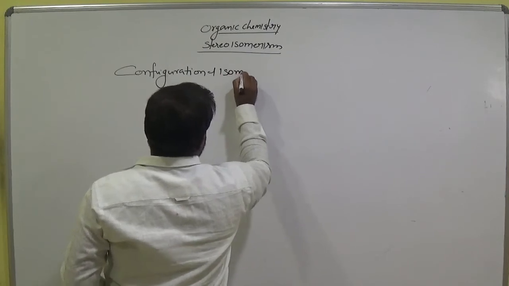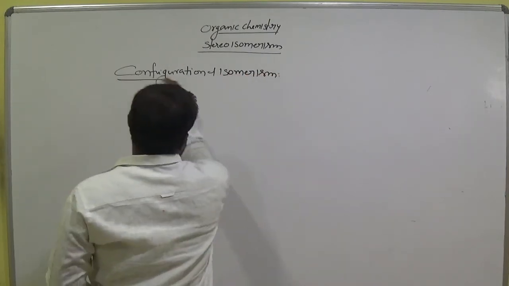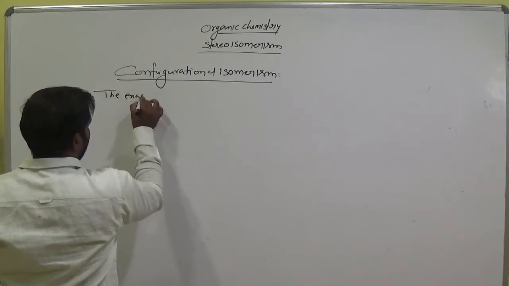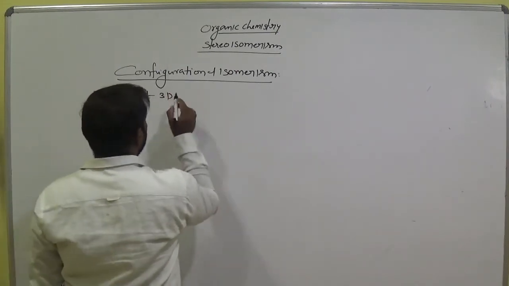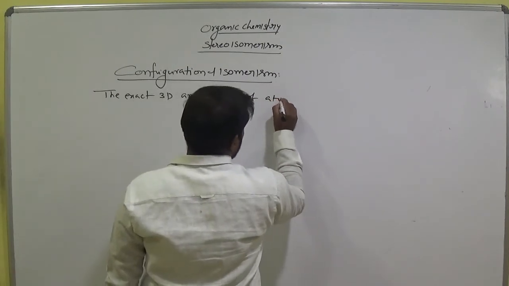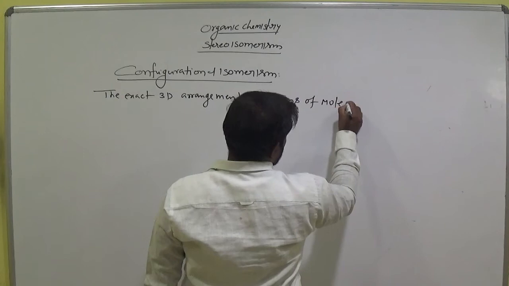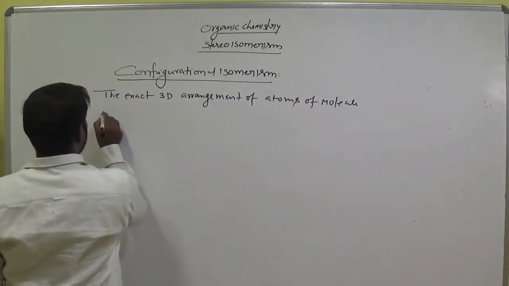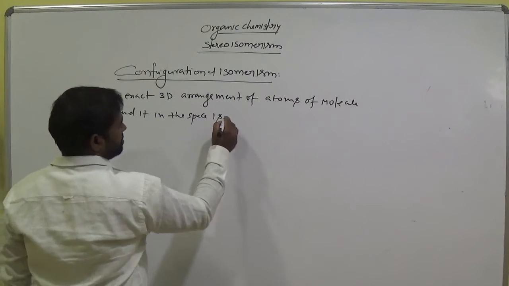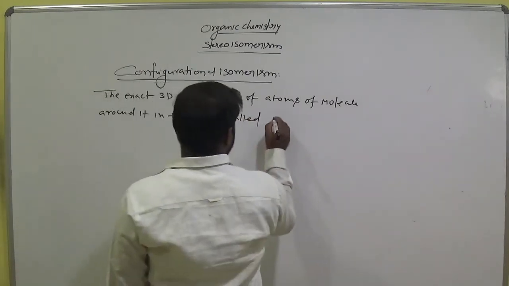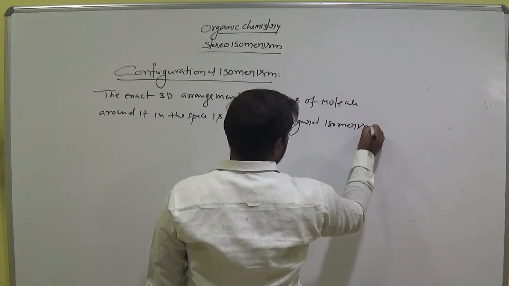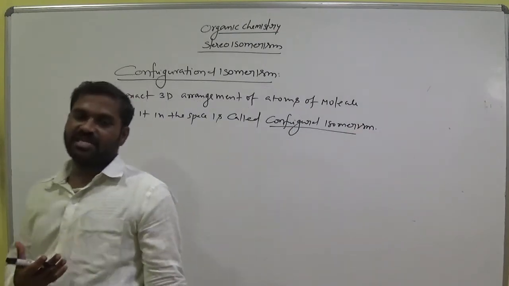The exact three-dimensional arrangement of atoms of a molecule around it in space is called configurational isomerism. Three-dimensional arrangement, same definition.